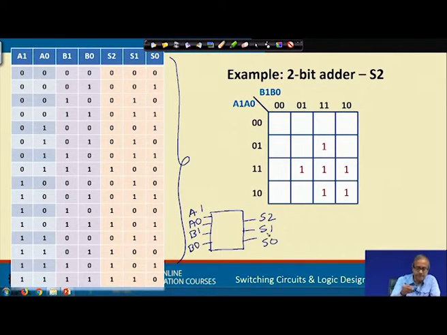In this truth table, A1, A0, B1, B0 are the inputs, and there are 3 outputs S2, S1, S0.